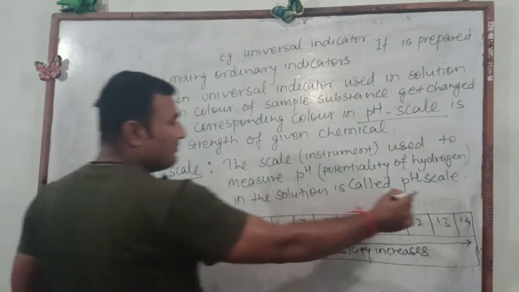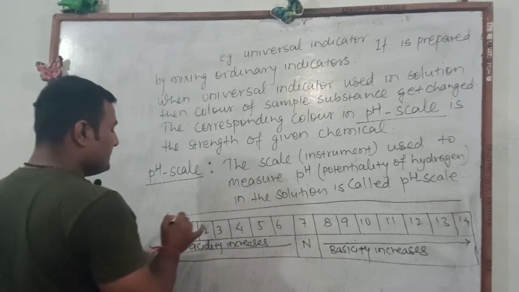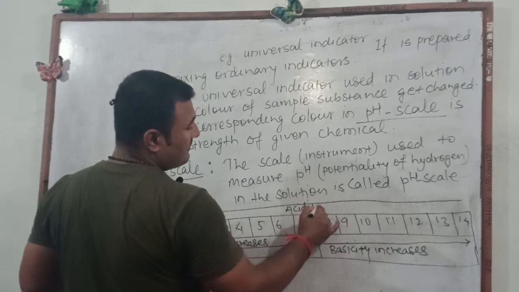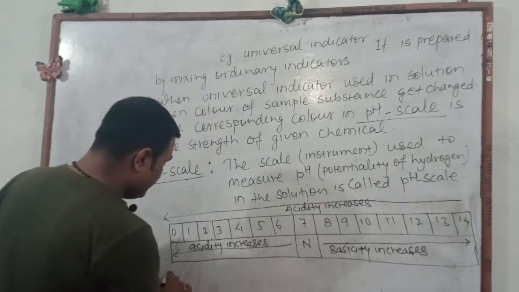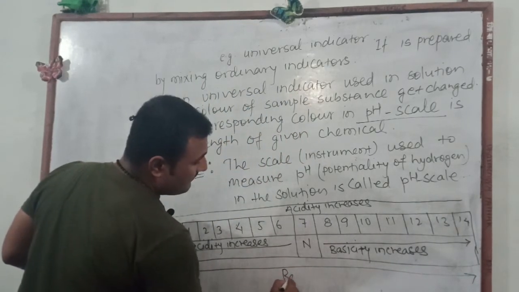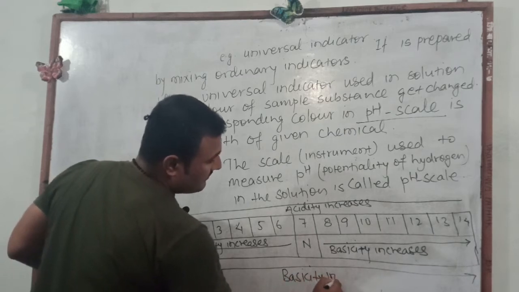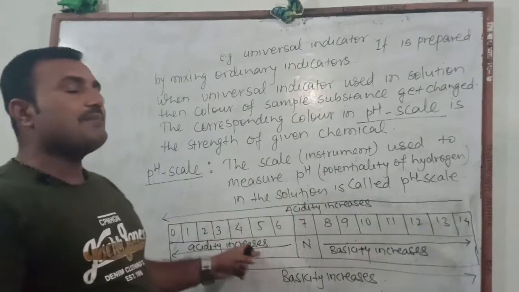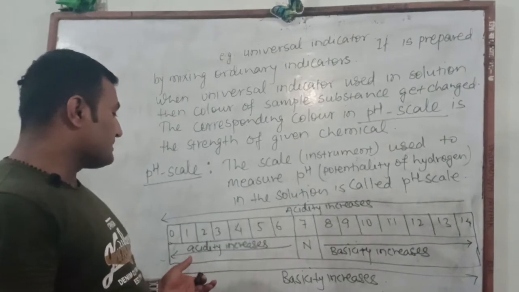And therefore what we found is that as a whole, when pH value decreases, acidity increases. When pH value increases, then basicity increases. And in this way, the pH scale helps to identify the strength of acid and base.